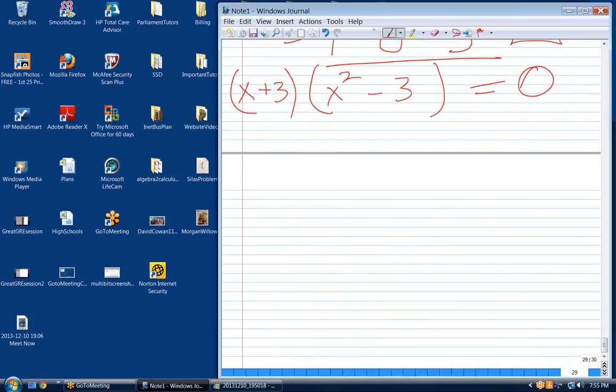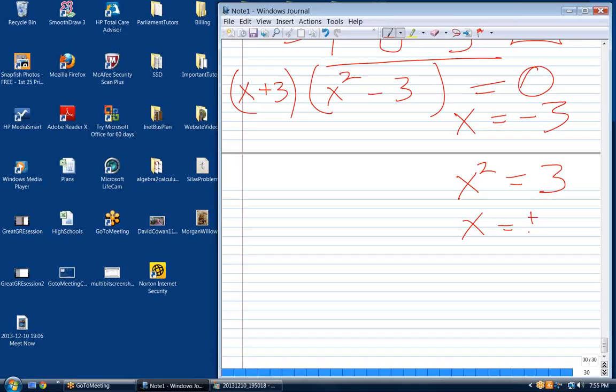You have to find all the x's, so it'd be x equals -3. Okay, that was the one we knew. And then the other one is x equals what?